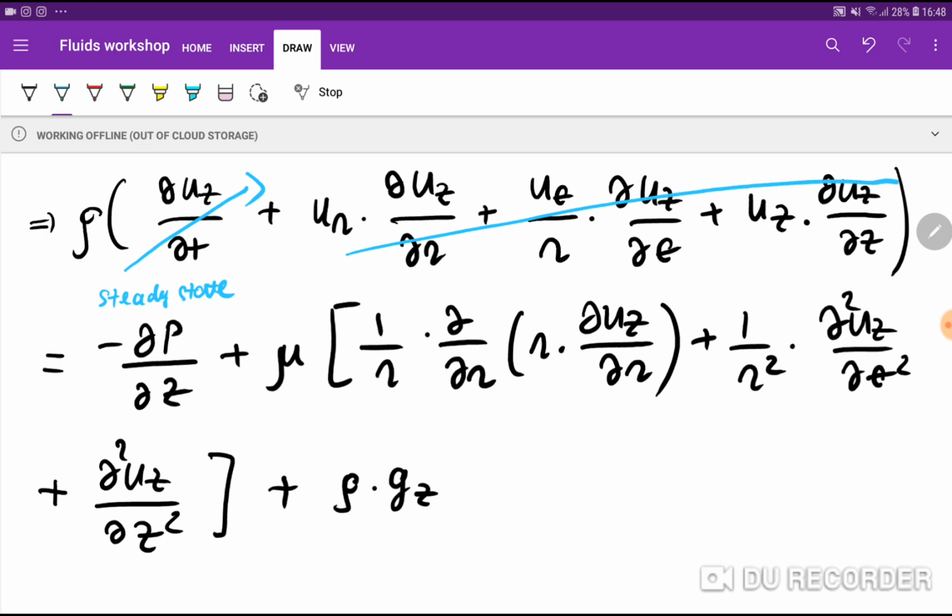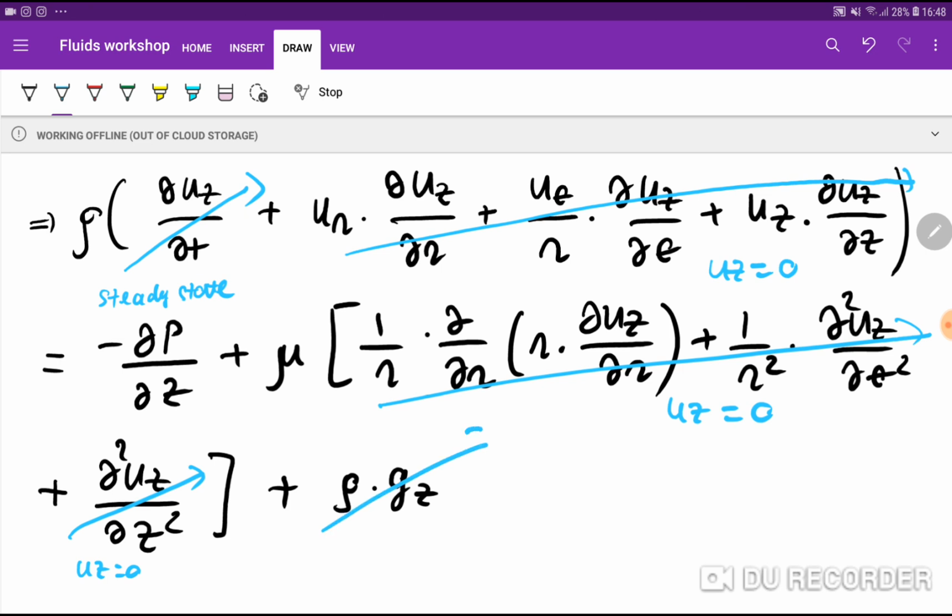Therefore, all of these vanish because uz equals 0. Similarly, all these terms right here have uz, so they all vanish because uz equals 0. And of course there's no gravitational effect, so you can write no gravity effect. That's why there is no gravity in any direction, including the z direction.